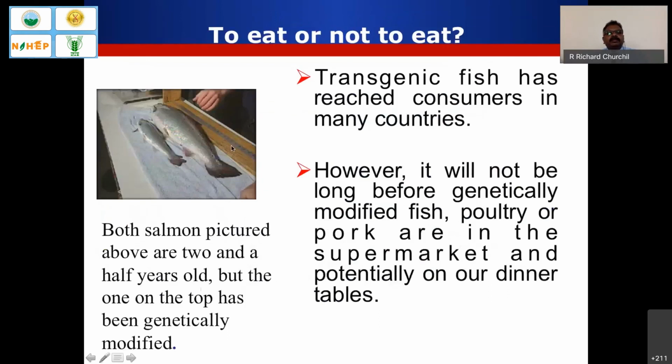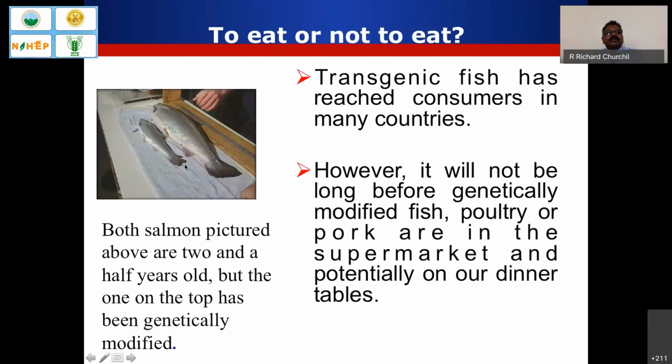This is an interesting story, where transgenic fish were produced in the 1980s. This is a salmon which can grow very fast with very high feed efficiency, and which can grow in very harsh environments, polluted waters and all.